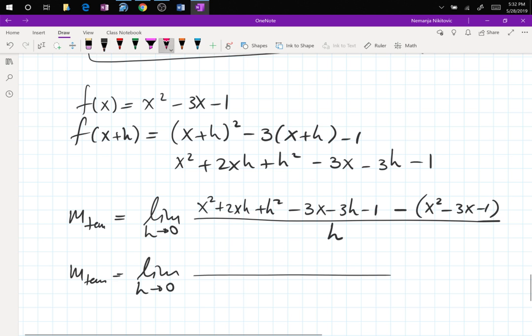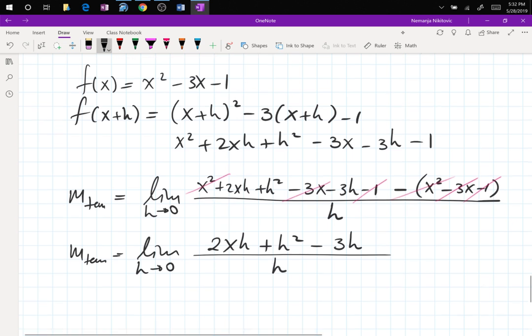Now, x squared and negative x squared cancel. Negative 3x and positive 3x cancel. And the negative 1 and a positive 1 cancel. Because when you distribute this negative sign, all the signs change. They all cancel. And what you are left with is 2xh plus h squared minus 3h over h.